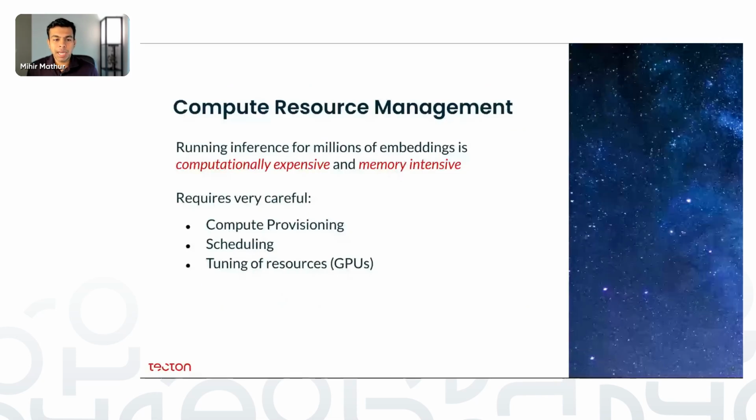Compute resource management refers to running inference for millions of embeddings every day, which can be both computationally expensive and memory intensive. In order to do this effectively at scale, you need very careful compute provisioning: how to spin up and spin down GPUs, scheduling of when to run the different jobs, and tuning resources. For GPUs, there are hundreds of ways in which you can optimize for different models and model architectures.